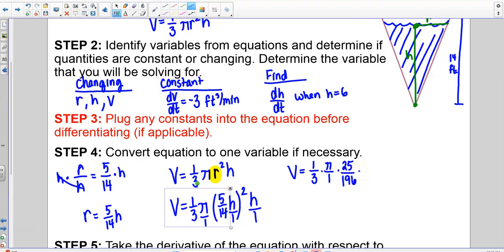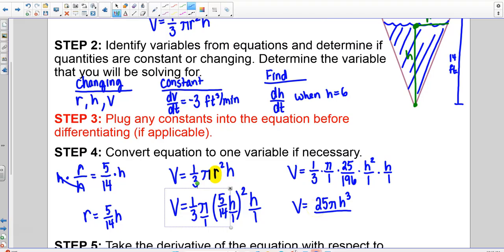And then I've got h squared over 1 because I square the h that's on the inside of those parentheses. And then I got h over 1. I'm going a little overkill with the fractions here just to make sure I keep everything straight, but it helps me a little bit. Straight across the top, I'm getting 25 pi times h cubed.